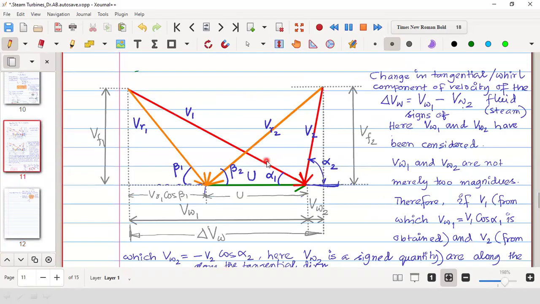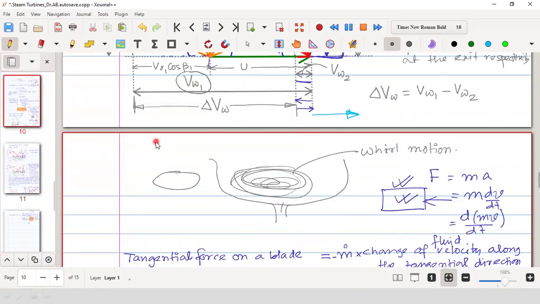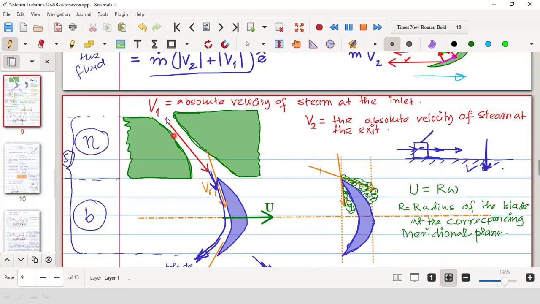For a nozzle, out of the enthalpy that was available, the steam has undergone an expansion, and spending that enthalpy, the kinetic energy was gained. So the kinetic energy gain divided by the total enthalpy drop is the nozzle efficiency.